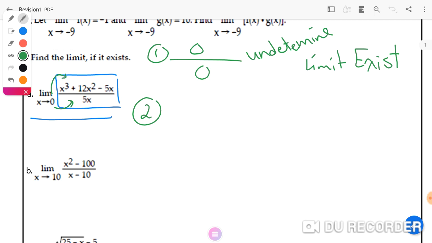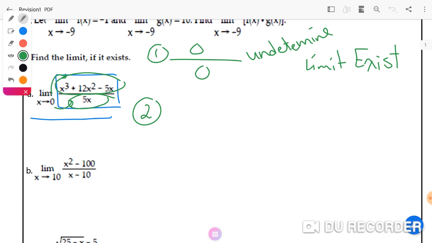Since both the numerator and the denominator are polynomial or monomial, in this case I use the dividing out technique, which means factorize, then cancel the common factor between the numerator and denominator, or use long division.